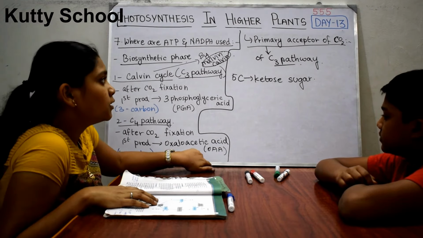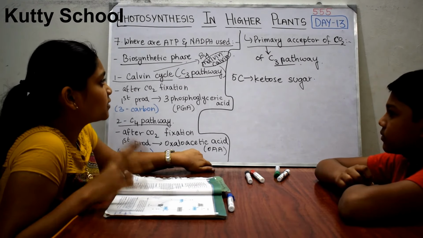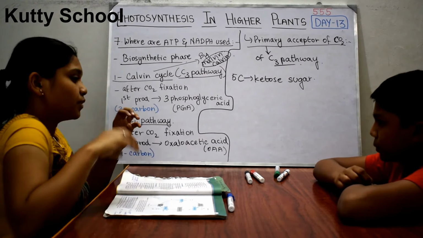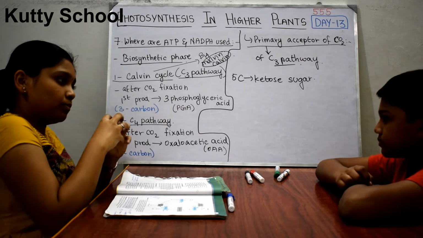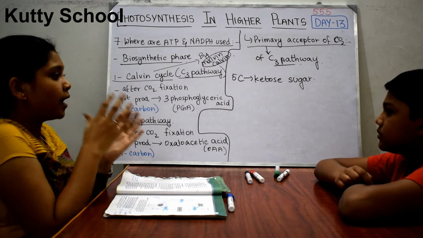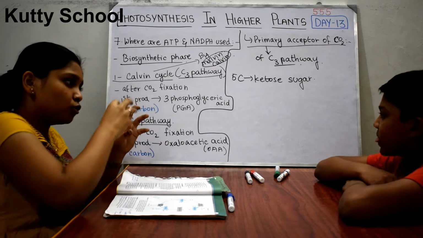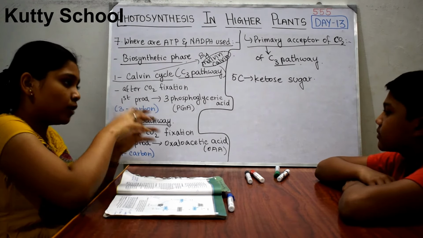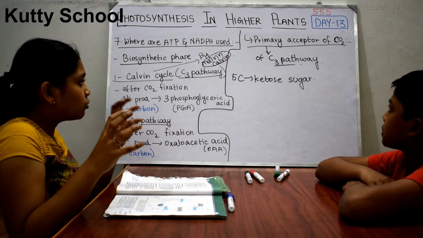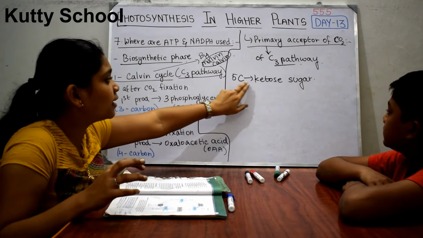Now we are going to see the primary acceptor of CO2. This CO2 is fixed to some molecule, and it forms 3-phosphoglyceric acid. So what is accepting CO2 and becoming the product? That is a 5-carbon ketose sugar.